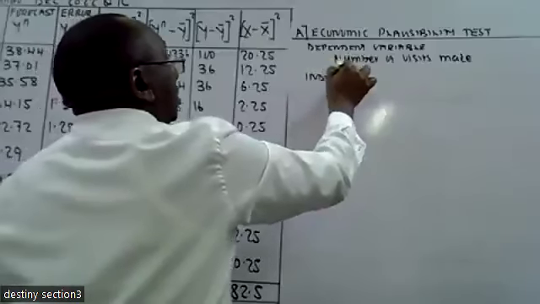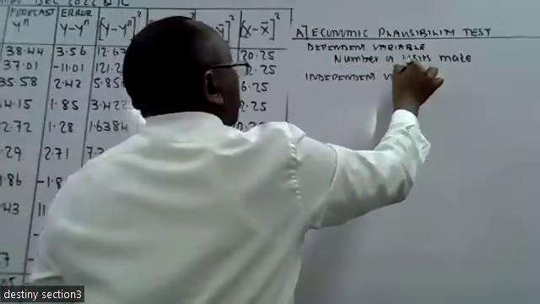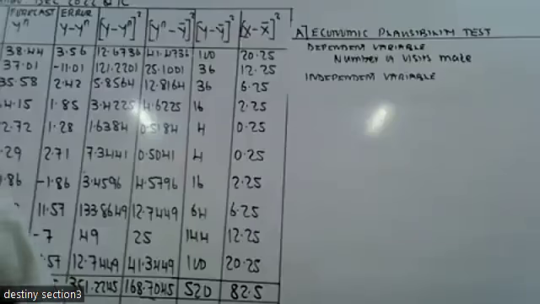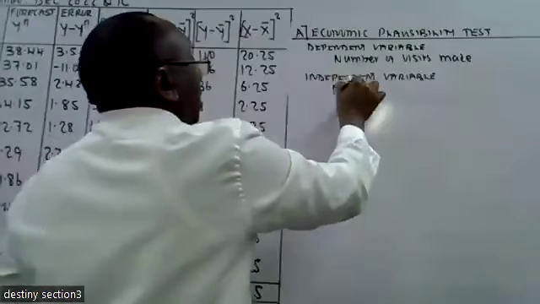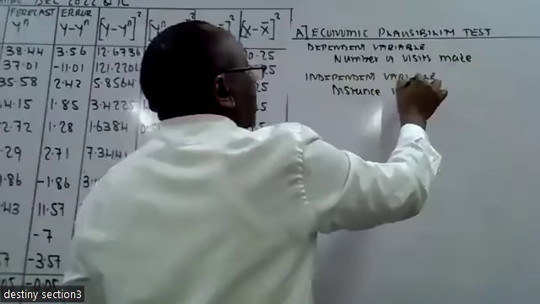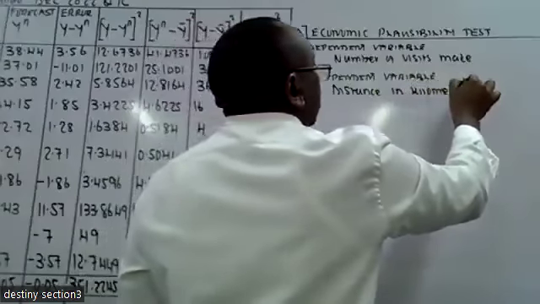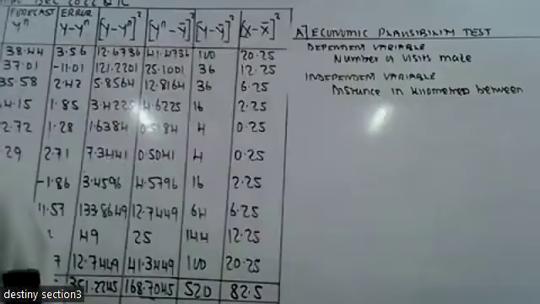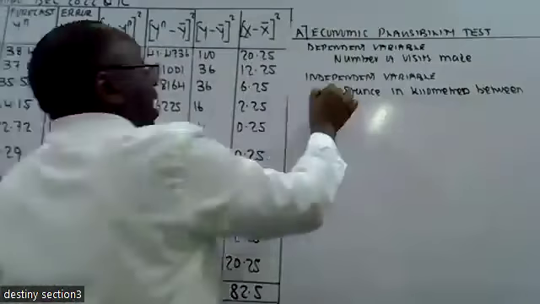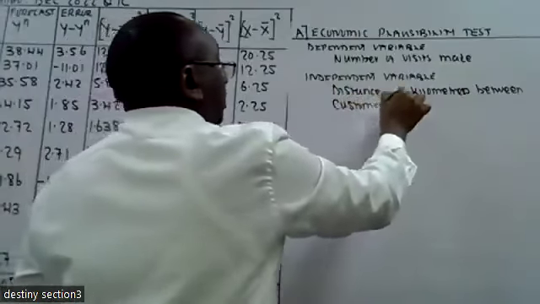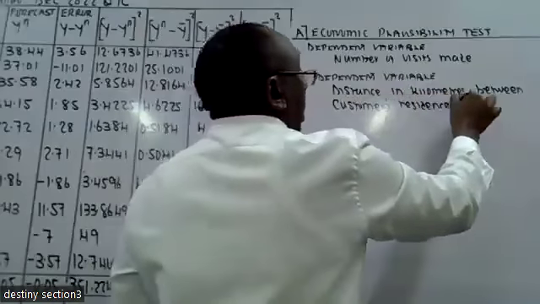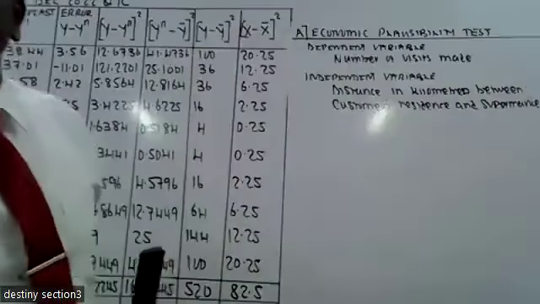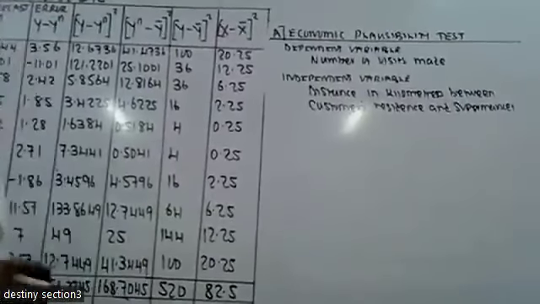Independent variable is distance in kilometers between customers' residence and the supermarket. Those are the two variables that we are analyzing in this question.